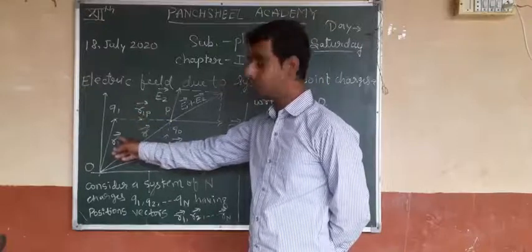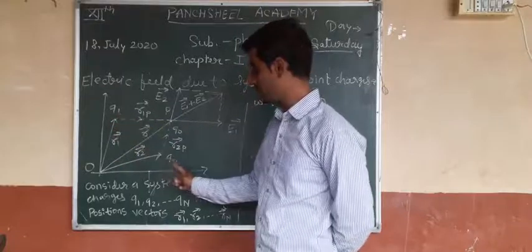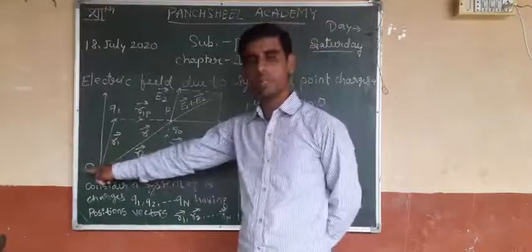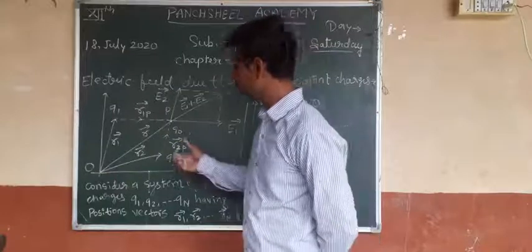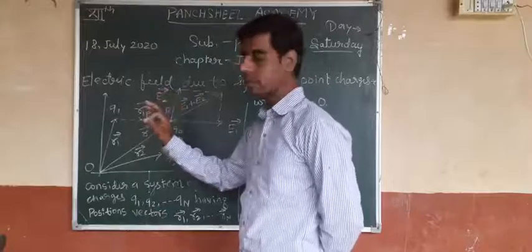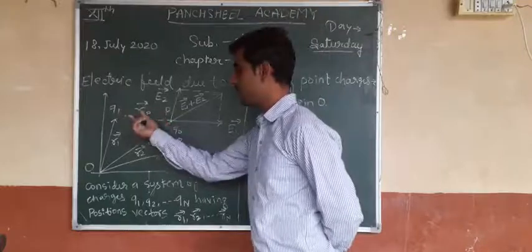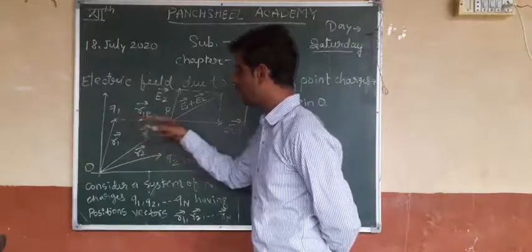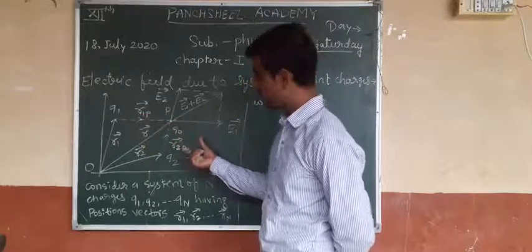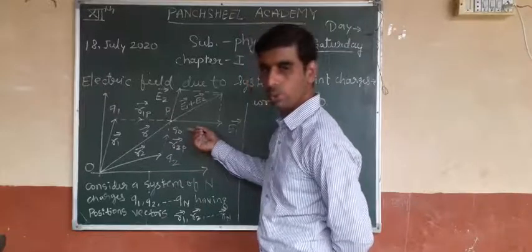R1 vector is the position vector of the Q1 charge, and R2 is the position vector of Q2 from the origin. One more thing: R1P vector is the position vector from Q1 to P, and similarly R2P vector is the position vector from Q2 to P.